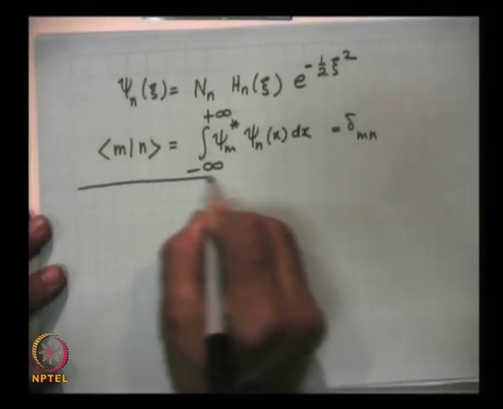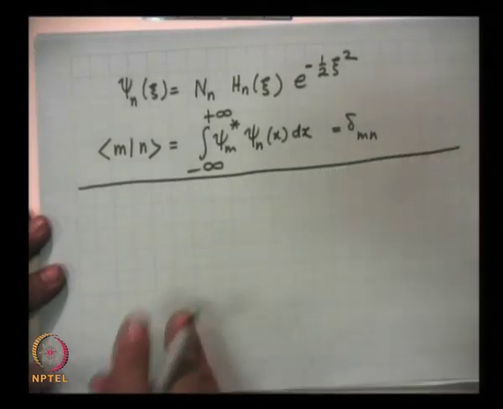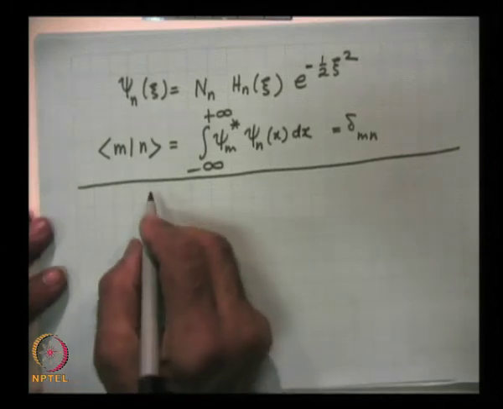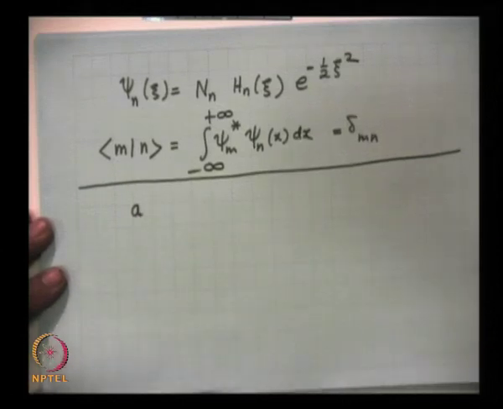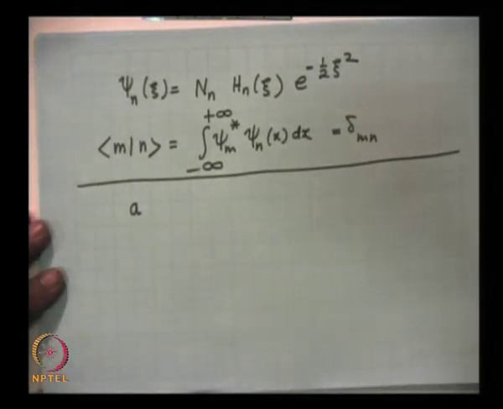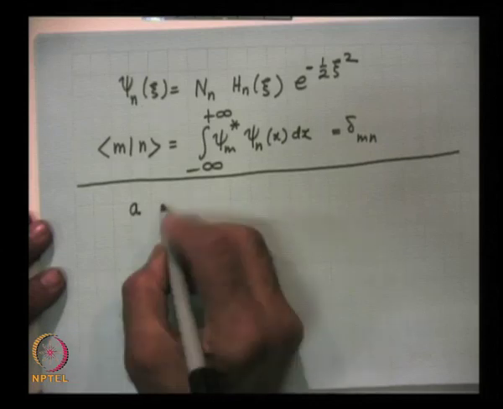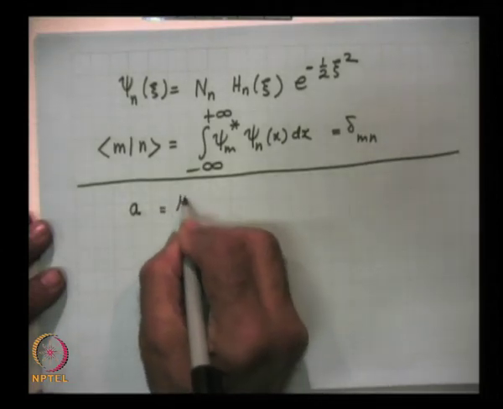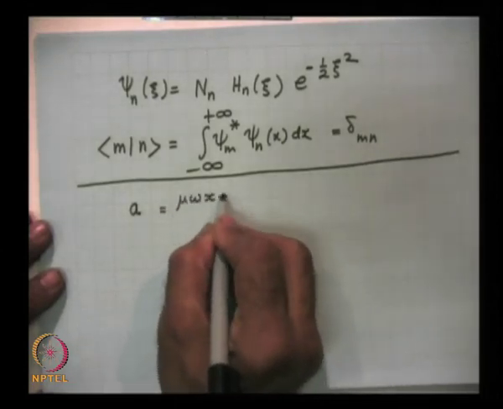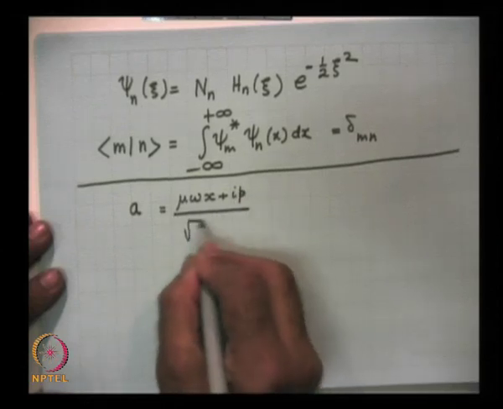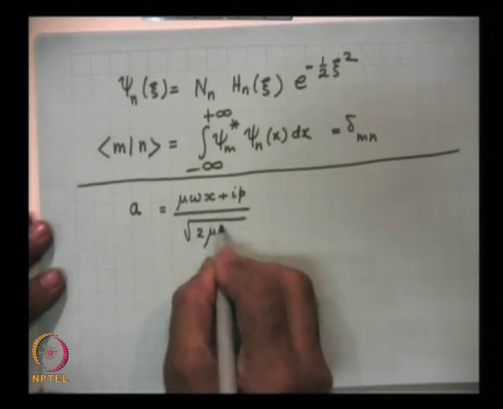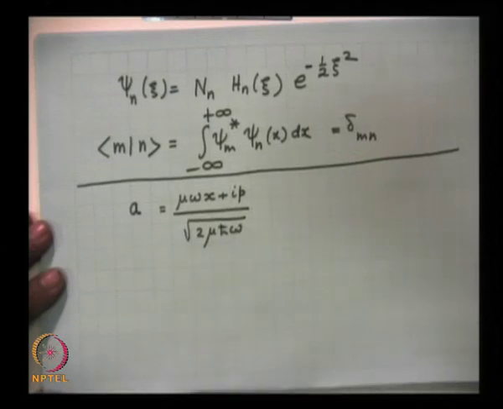We finally do an extremely important calculation, and that is find out the eigenvalues of the operator A. This is the annihilation operator, that is A is equal to mu omega x plus i p divided by under root of 2 mu h cross omega.